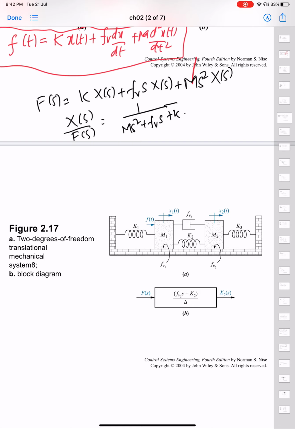And one very important thing is why we are doing this. We are doing this because, like I told you in the beginning, an example like a car for which you have to design a controller, a self-driving car, right? Or even an antenna azimuth position control system. Those are electromechanical systems, right?